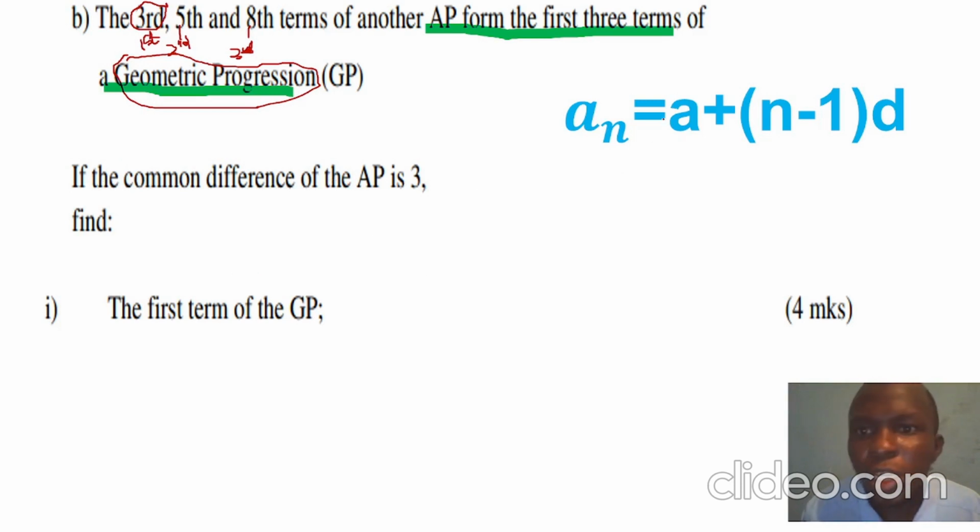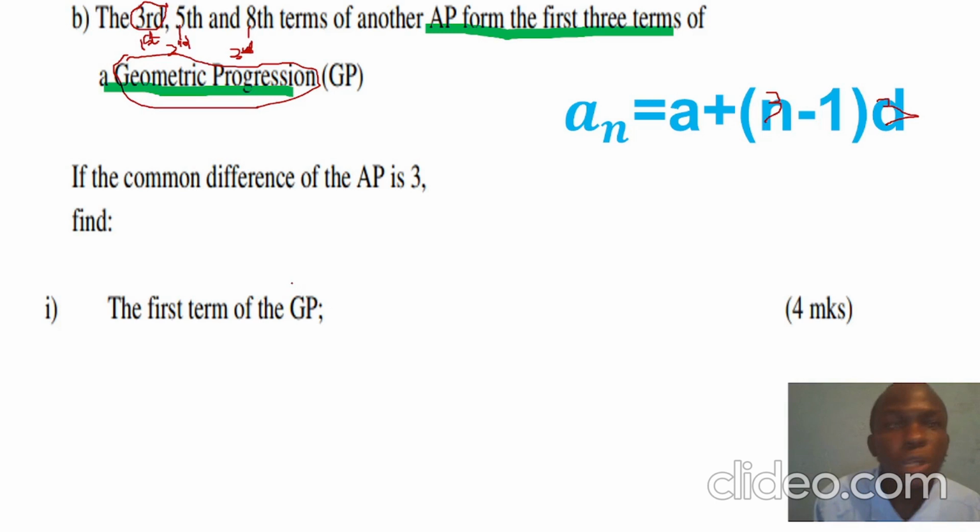So the first term of the GP, we have said it is the third term of the AP. So you're going to substitute 3 here in n, and A we don't know. We have the common difference, yes, it's given as 3. Find the first term of the GP.